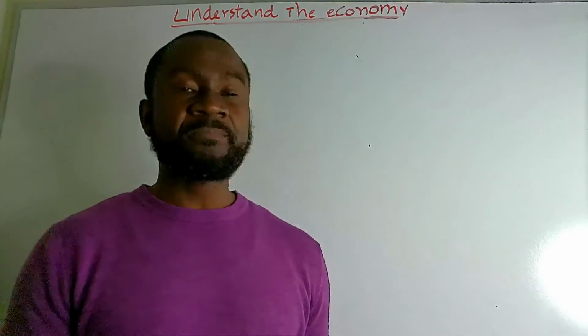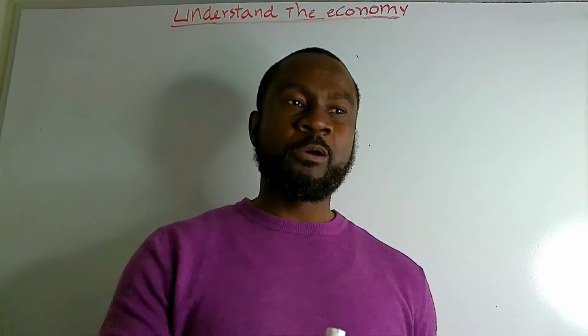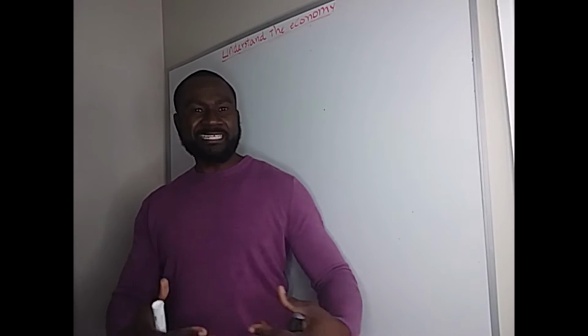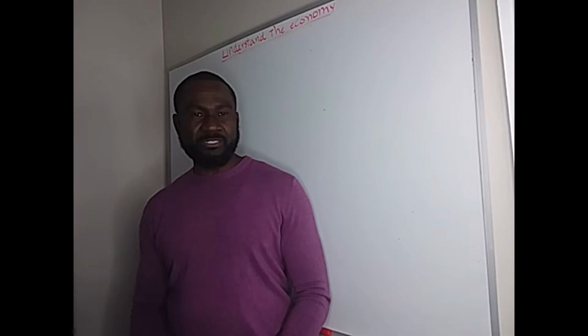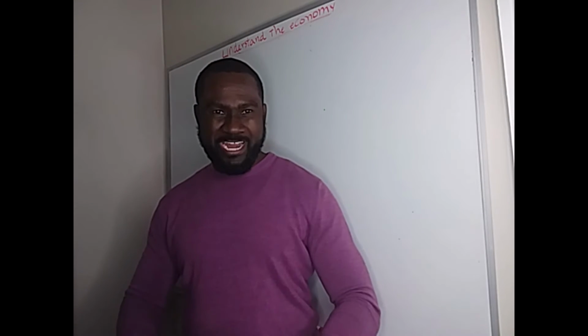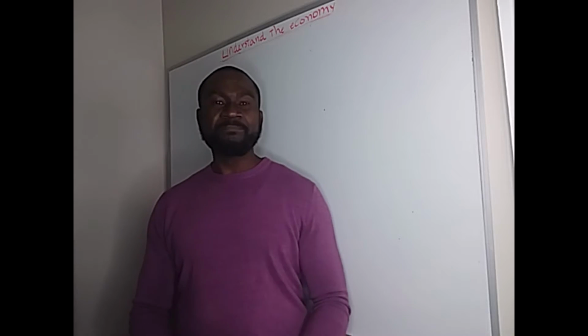So the economy has many different activities. We look at resources, consumers, products, goods and services, labor, sellers and buyers in the economy. Those are the economic activities, what's included in the economy. Resources are important, and we're going to look at that.